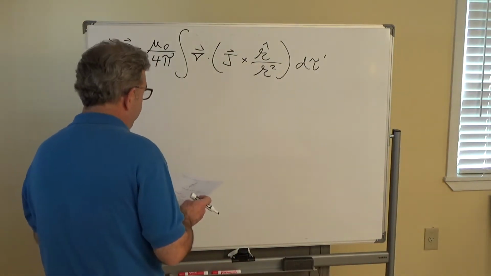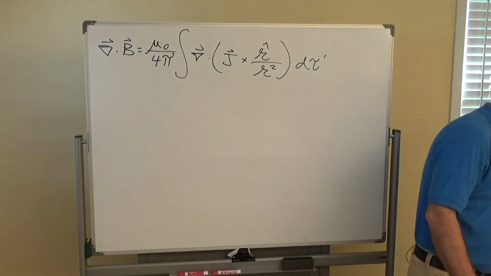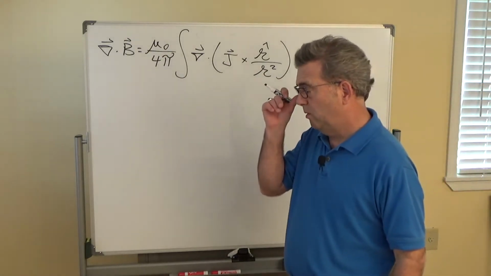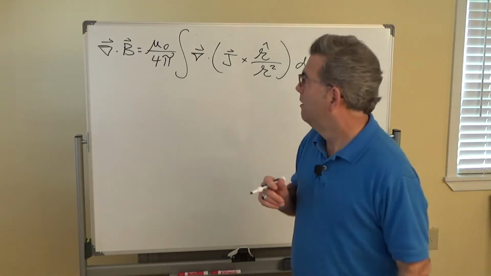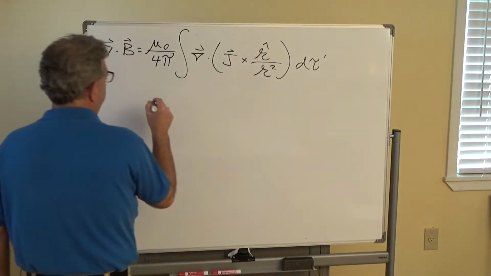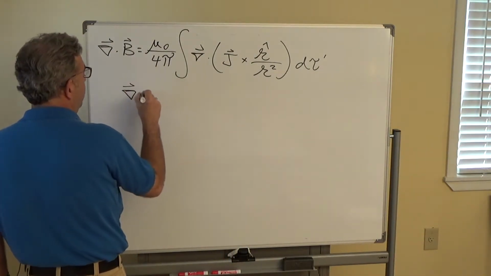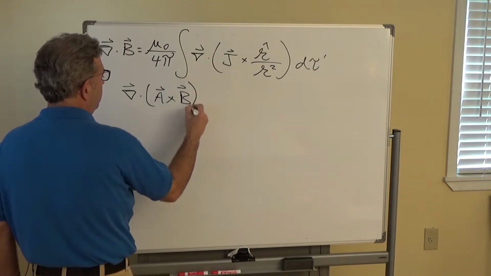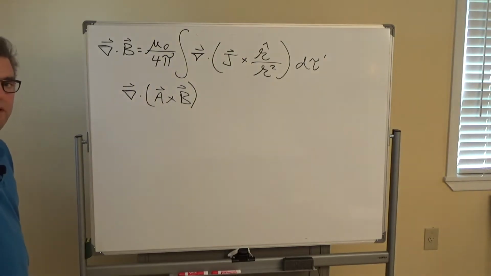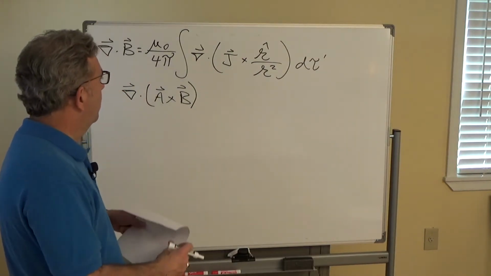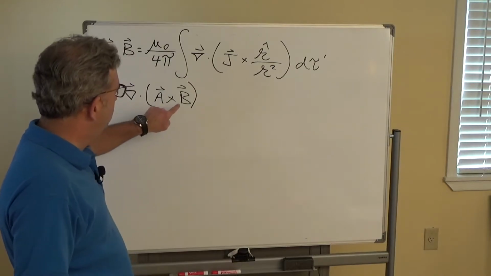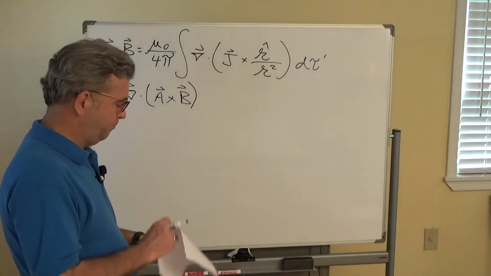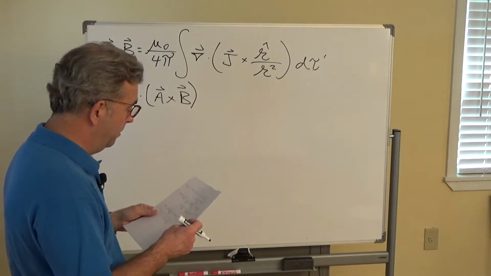If you recall from some of the vector identities that we talked about a long time ago, this is of the form del dot A cross B. We're going to use the identity for this to calculate this integral.